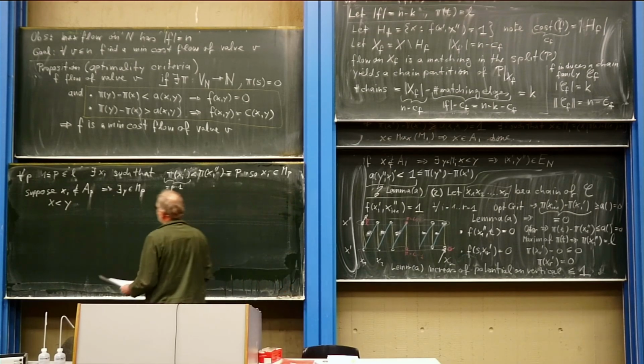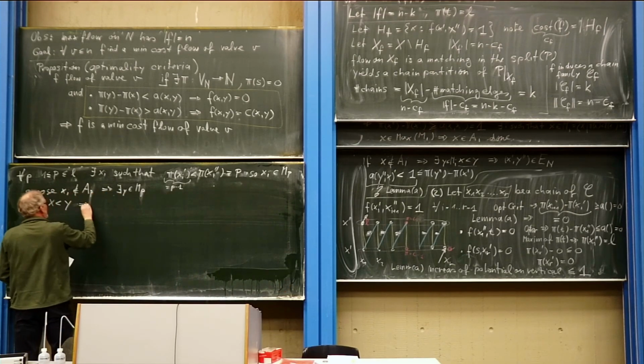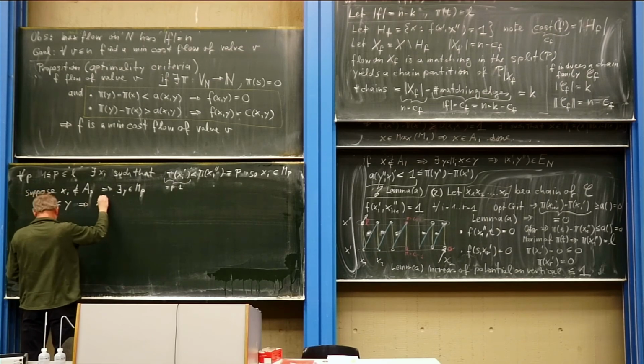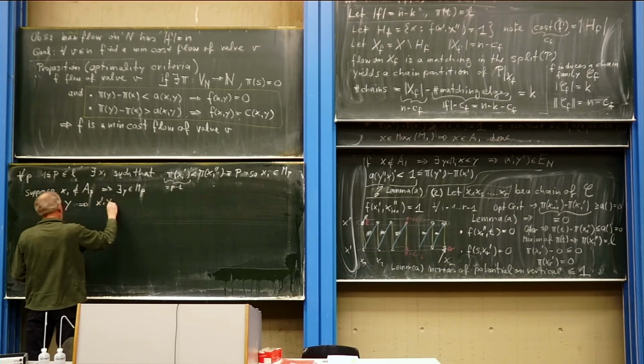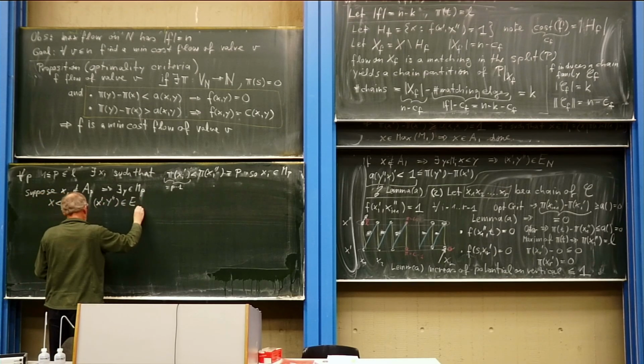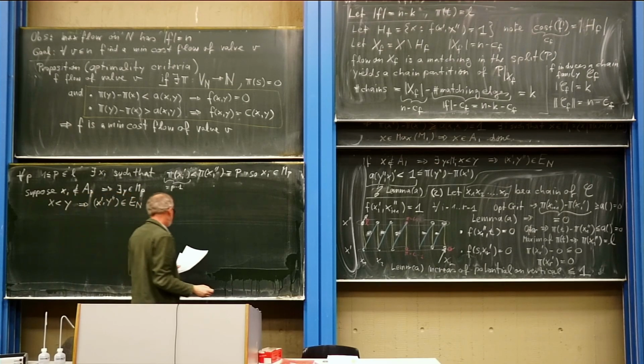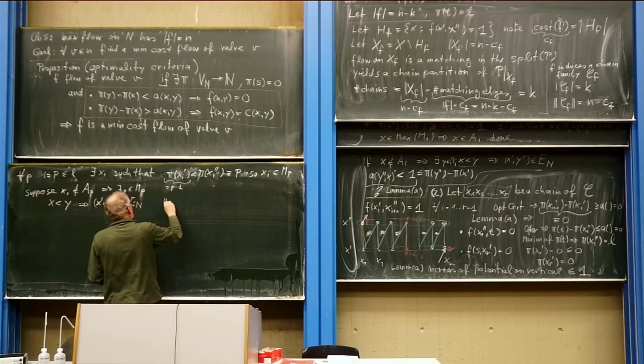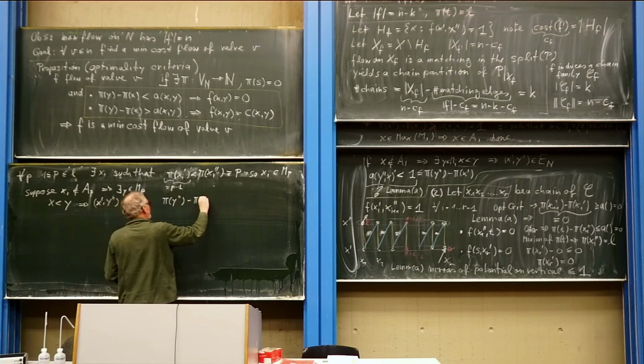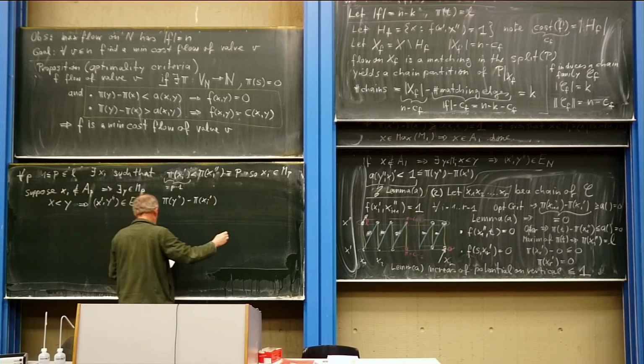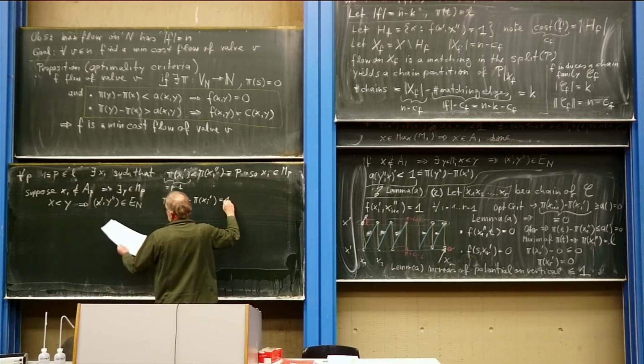And then we have this x prime y double prime is in E of n, and we have pi of y double prime minus pi of xi prime equals 1.